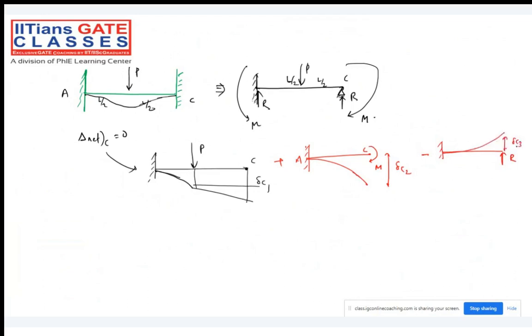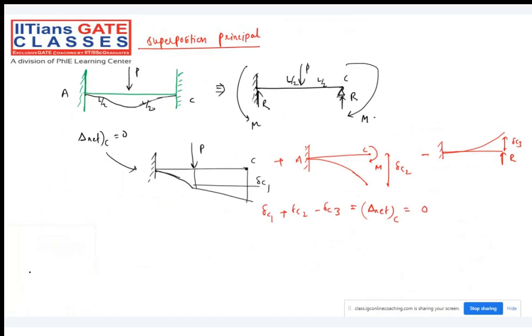Overall, delta C1 plus delta C2 minus delta C3 will give me the net deflection at point C. That has to be 0. We are making use of the superposition principle.